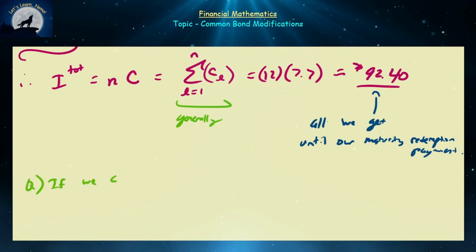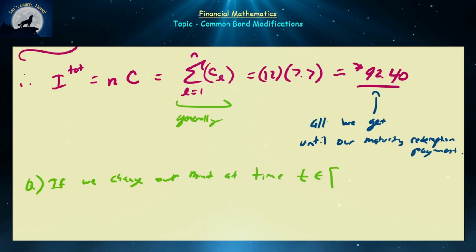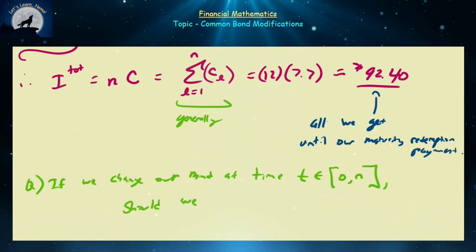If we change our mind at time t between 0 and n, for whatever reason, should we sell? Should we sell, or should we just be a little bit more patient and wait?